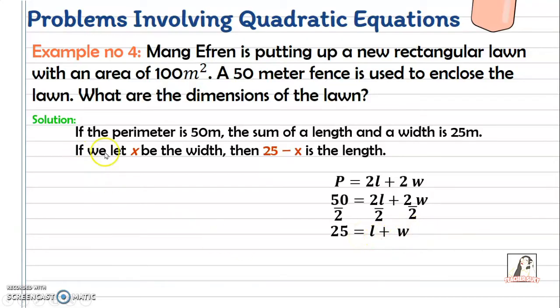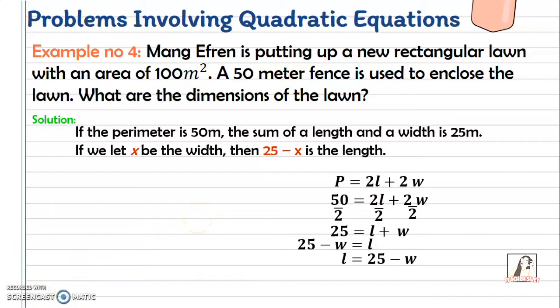Since si width natin ay si x, so, ang kulang na lang ay si length. So, para makuha natin si length dito sa ating equation, kailangan nating i-transpose si width dito sa kabilang side. Para ang matitira dito ay si length. So, we have 25 minus width equals L. So, kaya nakuha natin si 25 minus x dito na sa representation ng ating length.